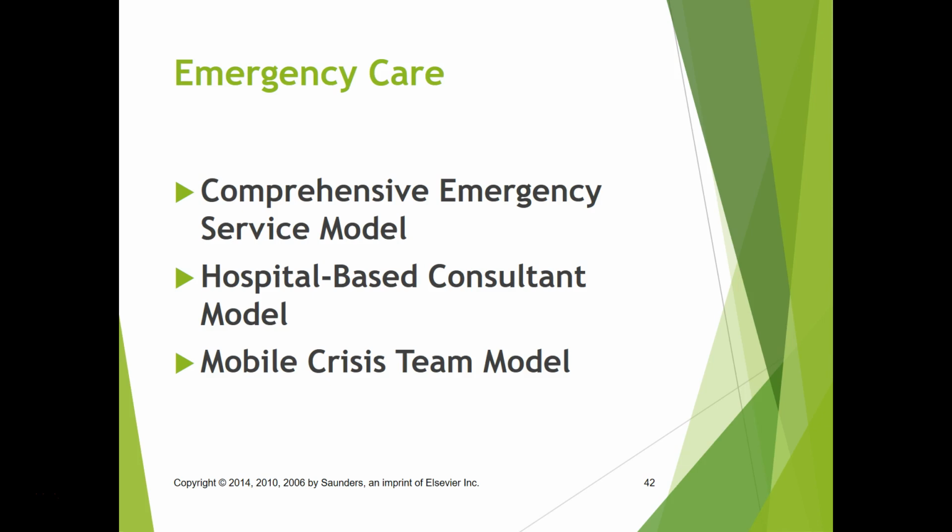So that is one type of model. We don't have that in Sheboygan. They don't have a dedicated space and dedicated staff with mental illness specialty knowledge, but patients with mental illness issues certainly can come into the emergency room and be seen and possibly admitted or hooked up with resources.